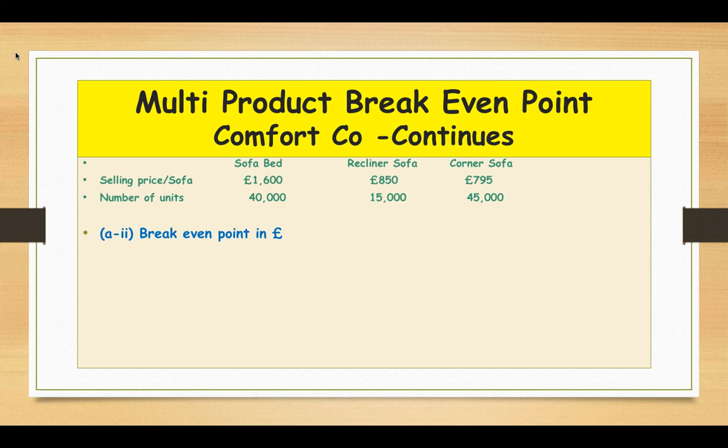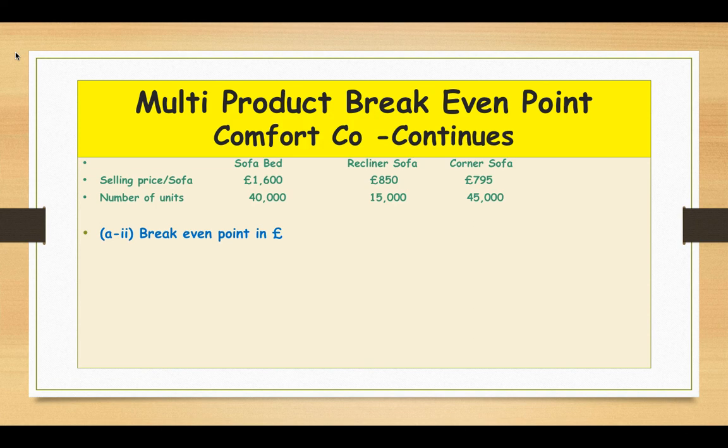So the formula for break-even point in money value is fixed cost divided by the weighted average contribution to sales ratio. So from the question, they have given the fixed cost, which is £850,000, but we need to calculate the weighted average contribution to sales ratio.